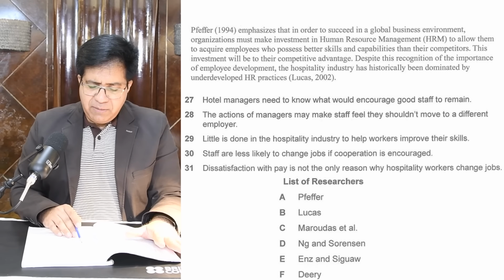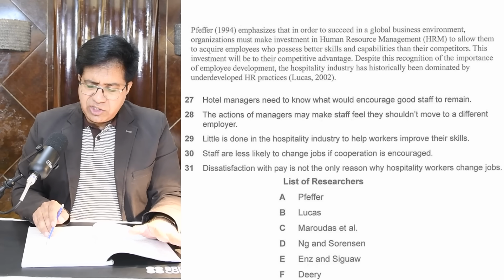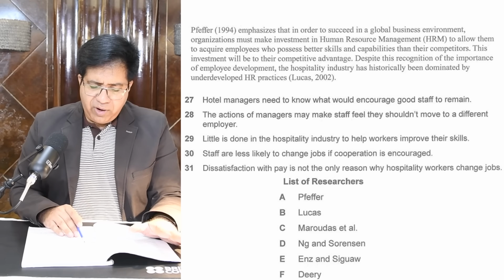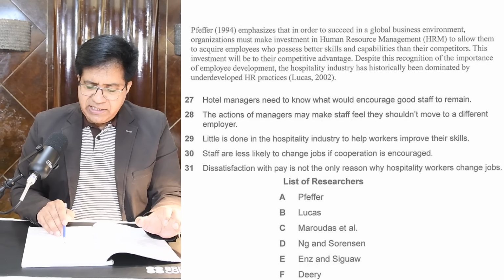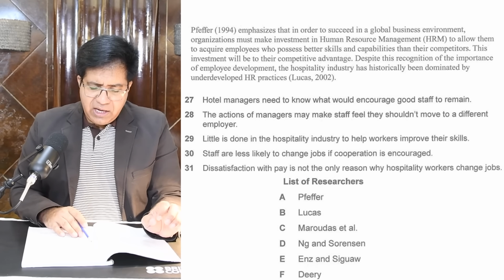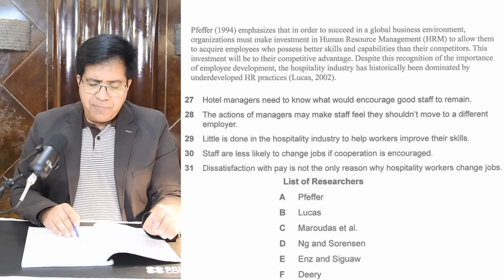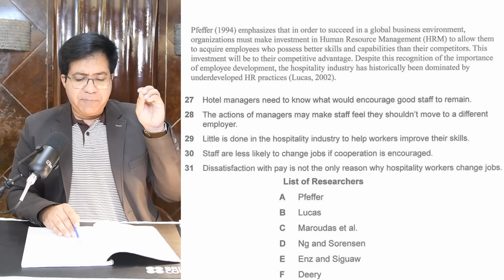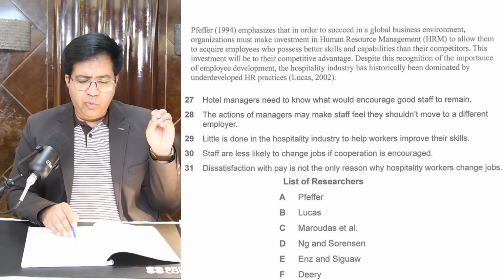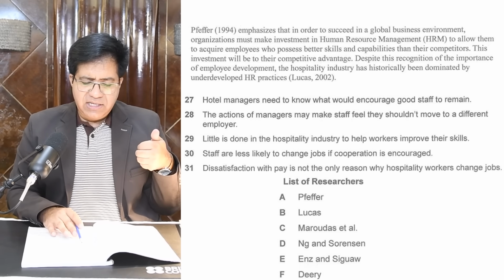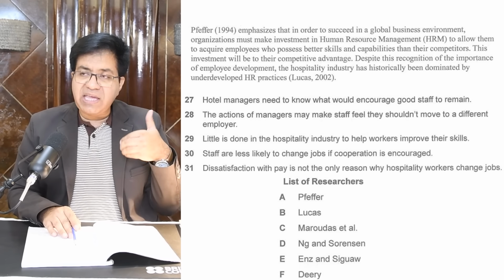This investment will be to their competitive advantage. Despite this recognition of the importance of employee development, the hospitality industry has historically been dominated by underdeveloped HR practices. Now, underdeveloped HR practices is said by Lucas, and Fefer said that organizations must make investment.